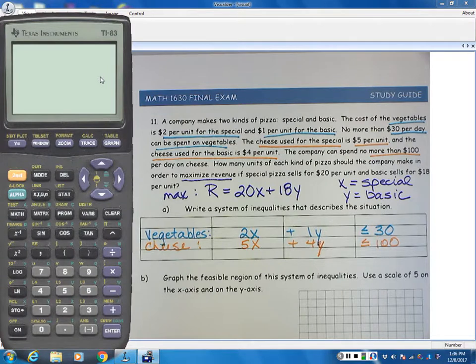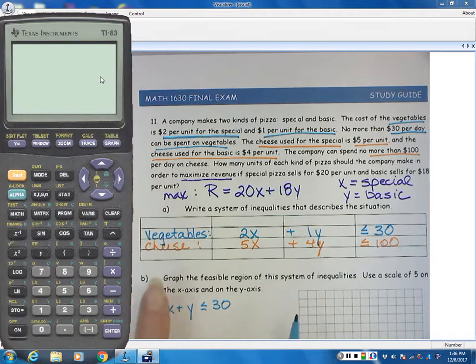So what we're going to do is graph 2x plus 1y is equal to or less than 30. And if we let x be 0 in the related equation, then y is going to be 30.